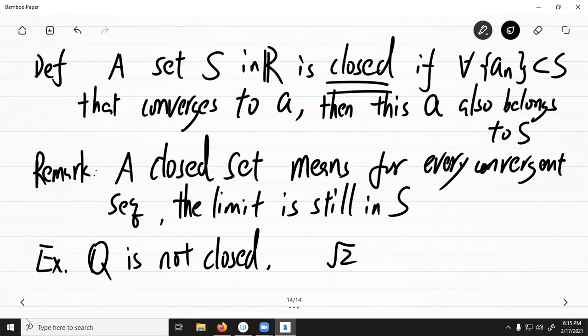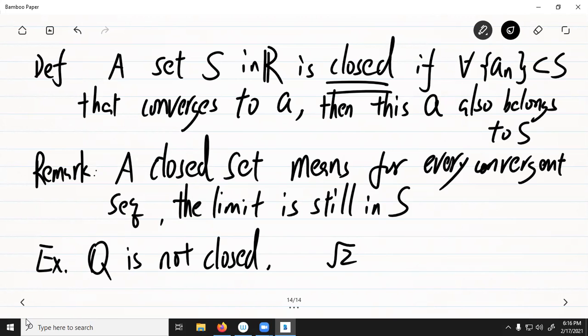Make sense? Any number, right? Remember, we have the theorem, called sequential density of rational numbers, which says for any number in R, we must have a sequence of rational numbers which converges to that number. So now we pick that number to be square root 2.